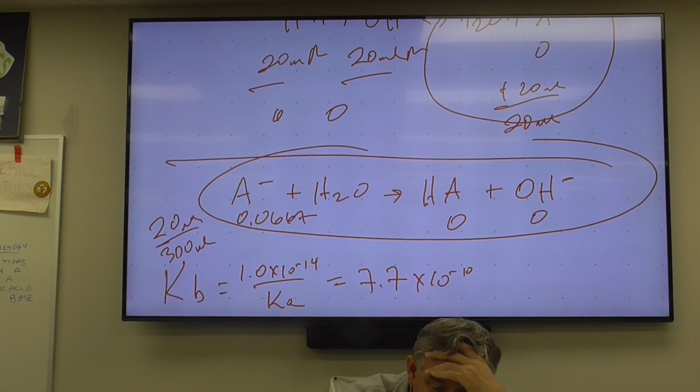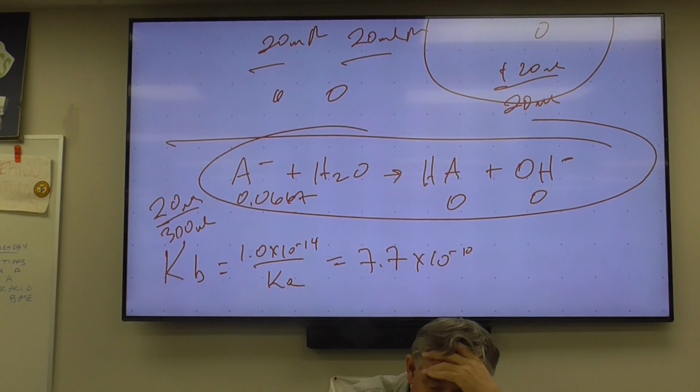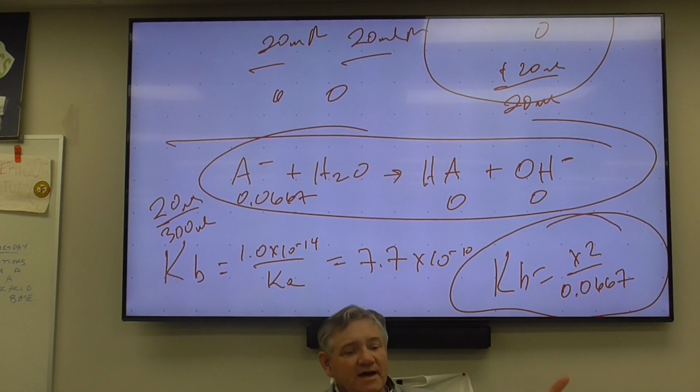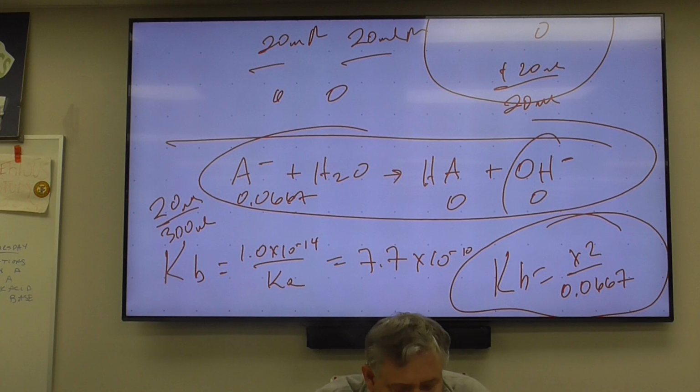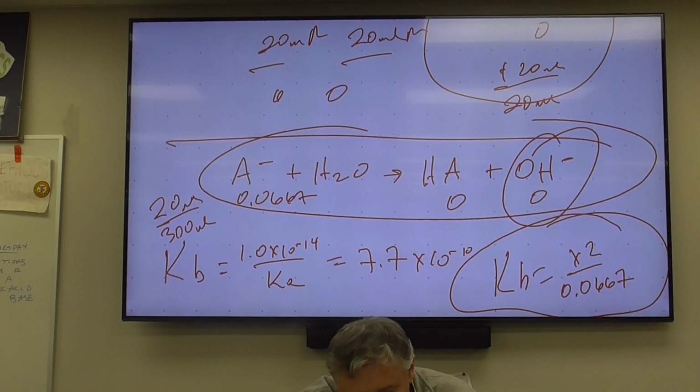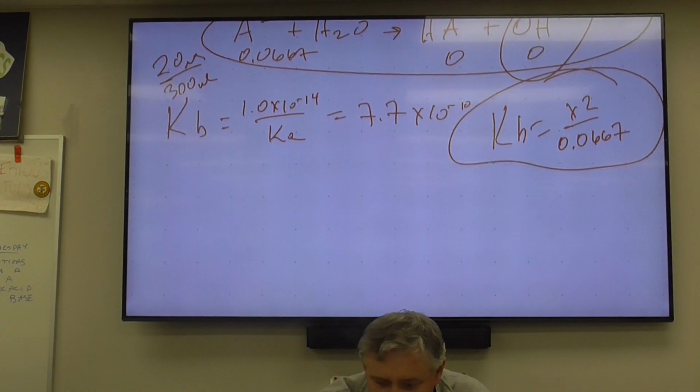So you get Kb equaling x squared over 0.0667. When you solve for x, you're finding your hydroxide ion concentration. Take the negative log of that, boom, there's your pOH.